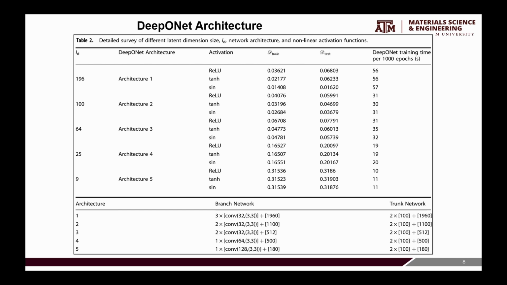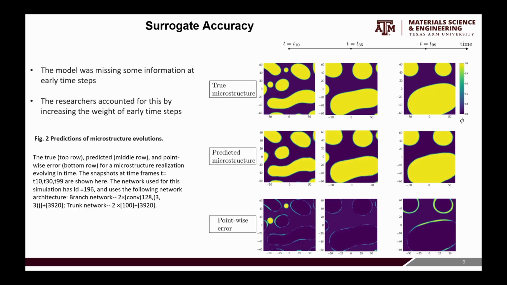The loss function doesn't change, the error changes. And the error improves as you have more and more latent dimensions. And the researchers here tried different architectures and just chose the one with the lowest error. Now, the surrogate accuracy is impressive, but we can see here's our true microstructures here at the top.